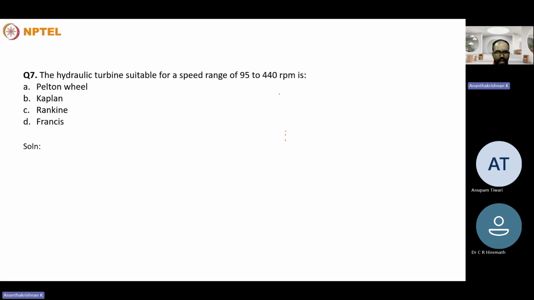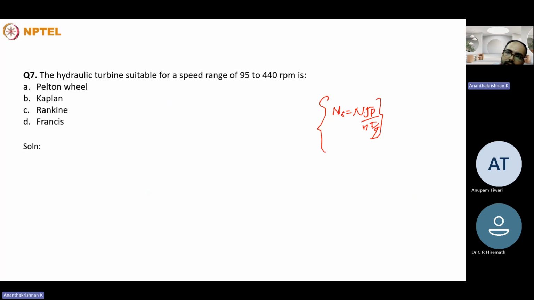So you need to have an idea to distinguish these turbines. What should be the approximate range in which these operate? Basically, you can have a qualitative idea. Specific speed is equal to N square root of P divided by H raised to 5 by 4. Something which operates at a higher specific speed has a higher discharge.